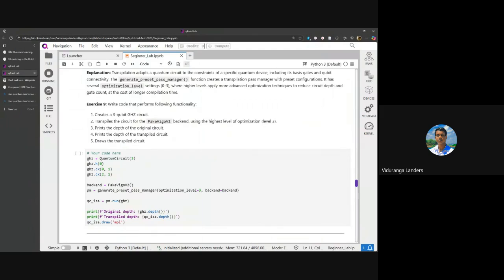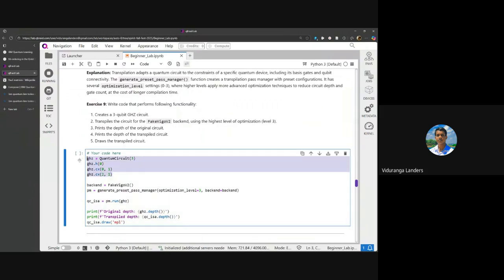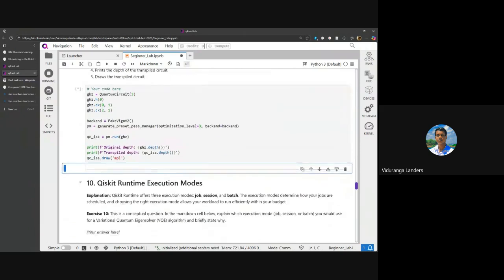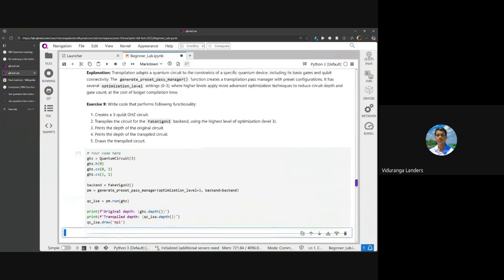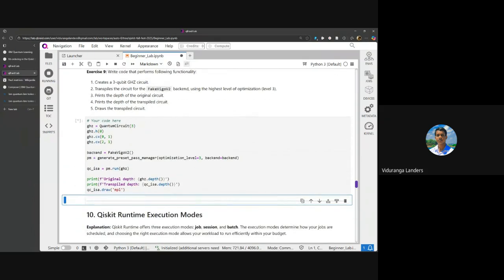So what you are doing as transpilation is basically translating your quantum circuit to a device specific qubit map. Okay, so when I do this, it should show me the mapping of the transpilation.